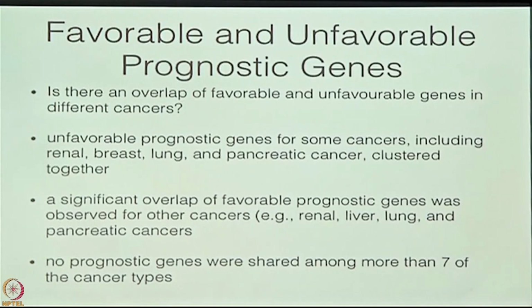Favorable prognostic genes were seen in liver and lung, and there was an overlap of those genes there. And finally, no prognostic genes were shared in more than 7 of the cancers, which we thought was significant because we didn't get it across the board saying favorable and unfavorable for everything.